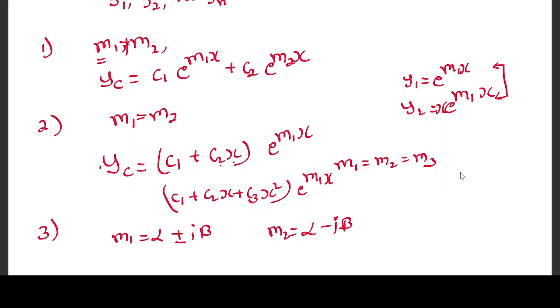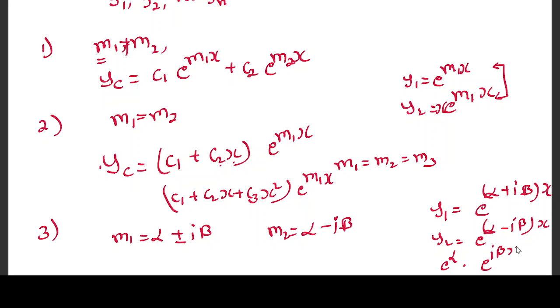In this case, y1 is equal to e power alpha plus i beta, times x, and y2 is equal to e power alpha minus i beta, times x. And this can be written as e power alpha x into e power i beta x.